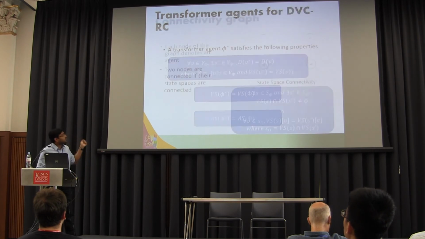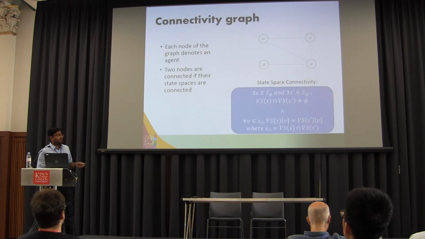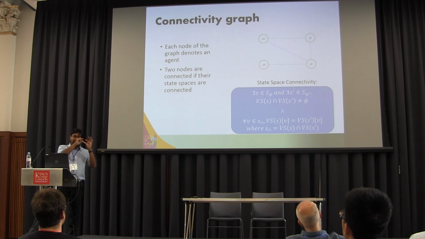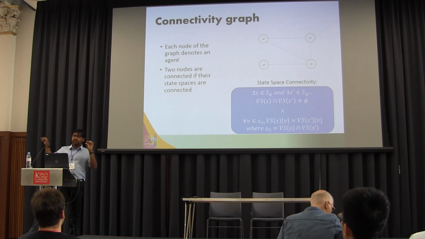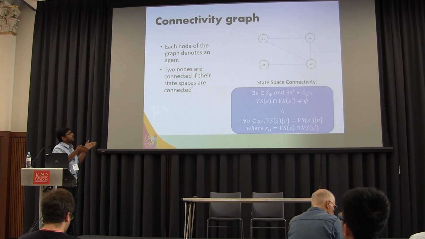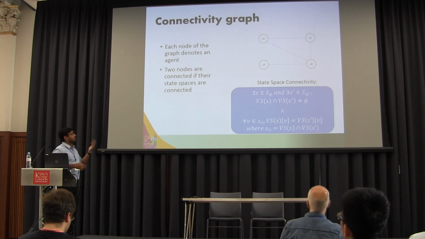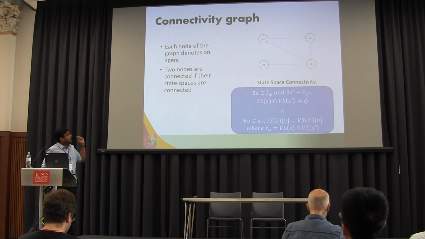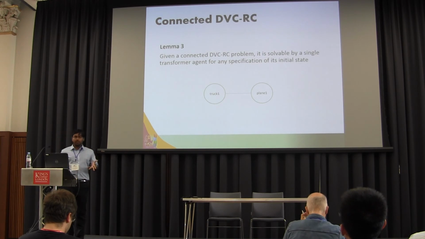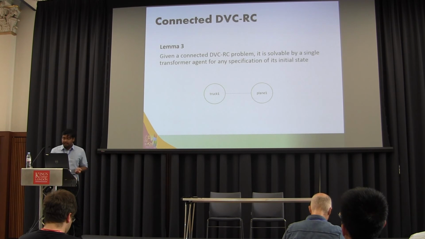We also define this concept of a connectivity graph. It is a graph consisting of each agent, and there is an edge between agents whenever their state spaces intersect at some point. We were able to show that for a given problem, if the connectivity graph is completely connected, then the entire problem can be solved by using a transformer.